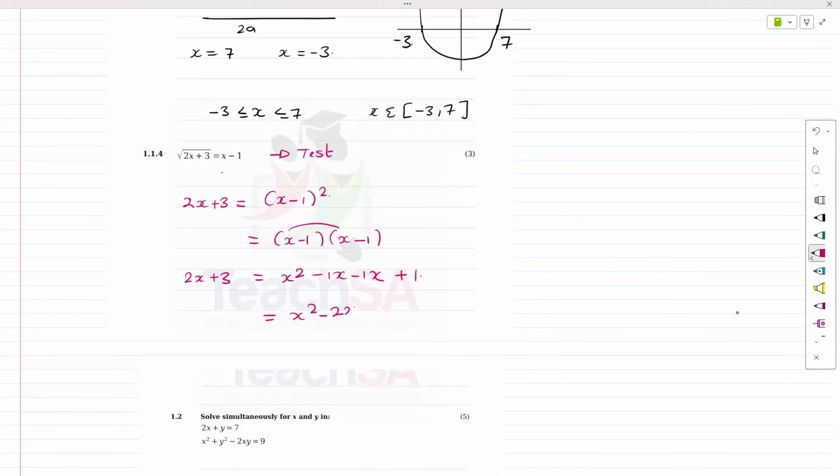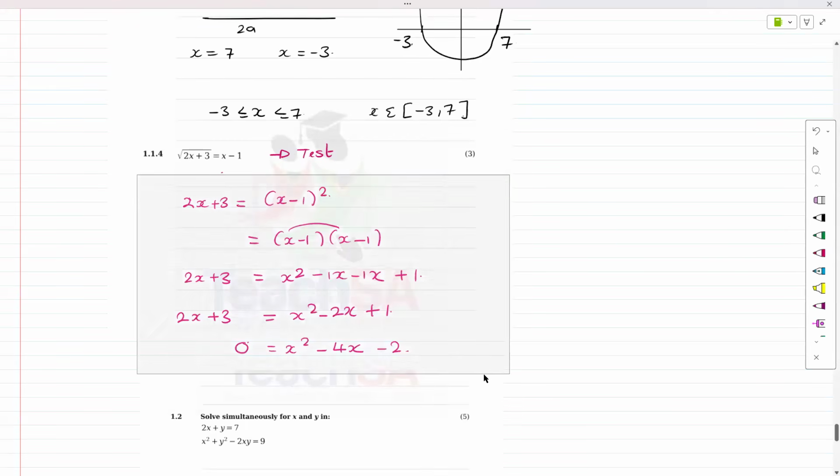This is minus 2x plus 1. This is plus 1, right? If you can do it in one step, go for it. But if not, just watch out, because it's very simple to make a mistake. And most of the time, in the exam, you are not going to be able to realize you made a mistake.